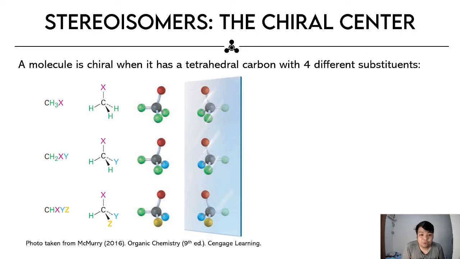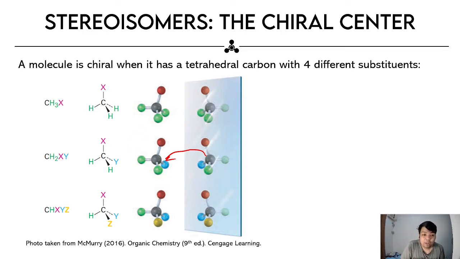So the overlap will be perfect. Now, in this carbon with 2 different substituents here, when you try to overlap this one, you just rotate the molecule a few times, and the overlap will be perfect.